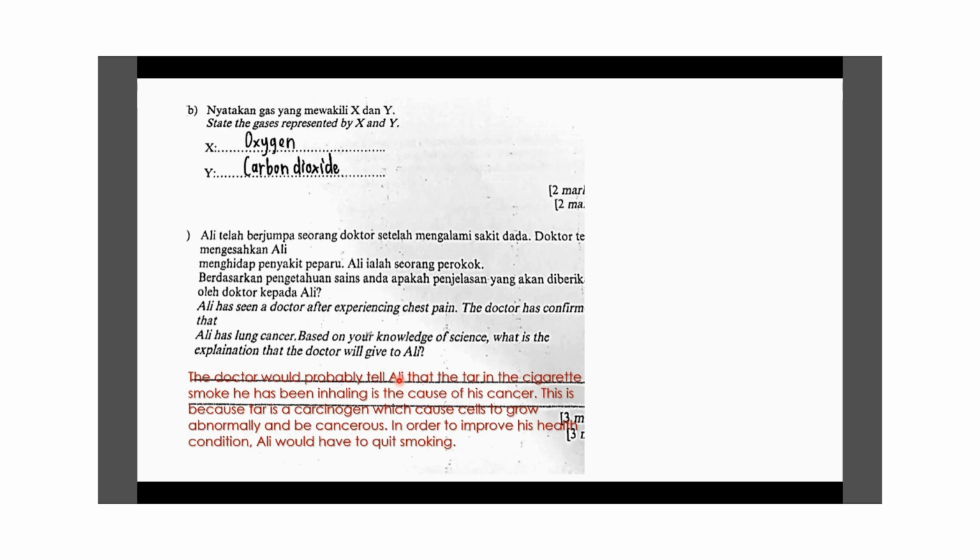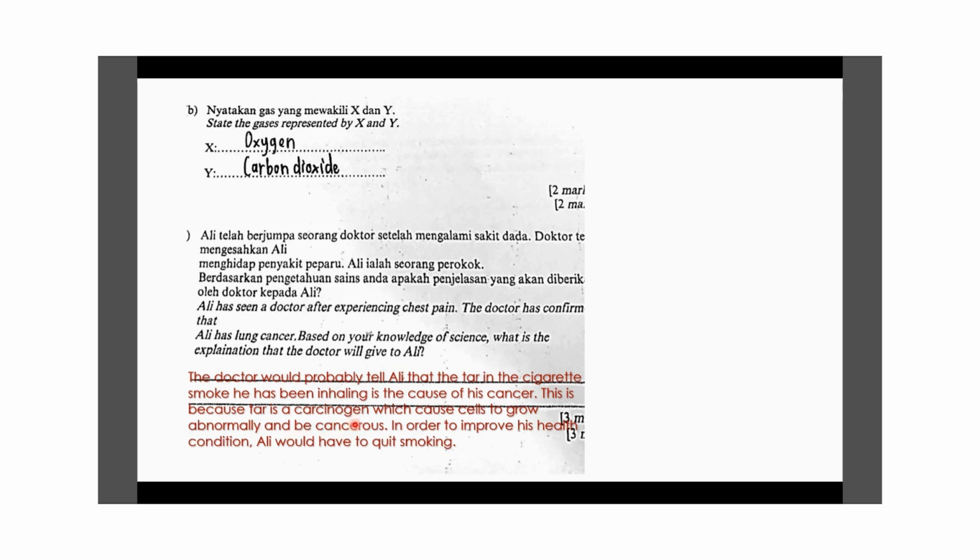Now, just stating the first sentence without a proper explanation will not do the job. You will not get 3 marks. So you would have to explain why the tar in the cigarette smoke is the cause of his cancer. So that's my next sentence, where I explain that this is because tar is a carcinogen. Carcinogens are substances that cause cancer.